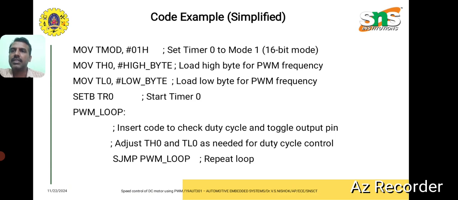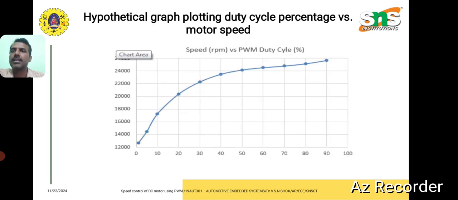Here is a simple code example for the PWM signal generation. The waveform is plotted with duty cycle on the x-axis and speed in RPM on the y-axis.